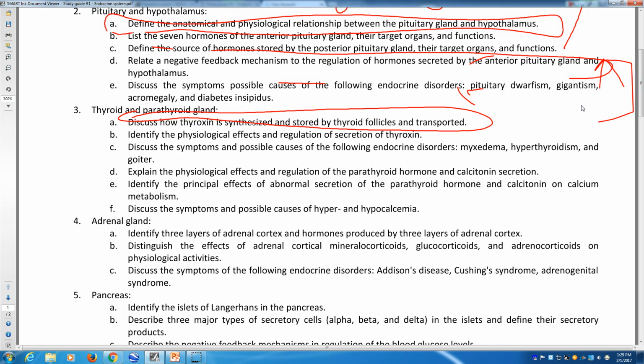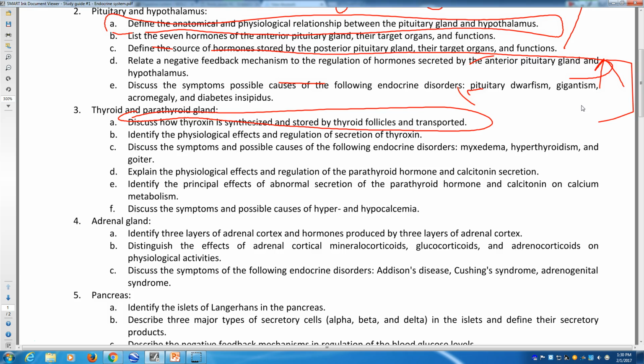What you have to know is that iodine is taken into the follicular cell, and then from the follicular cell it gets into the follicle. In the follicle, it attaches to the tyrosine residues in thyroglobulin. Eventually, we have enough iodine on those tyrosines, and we get T3 and T4.